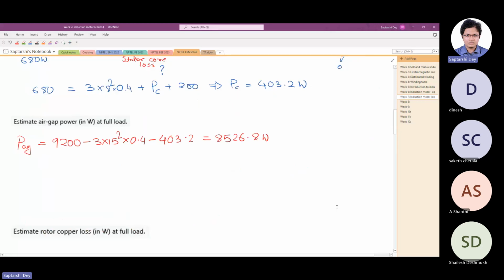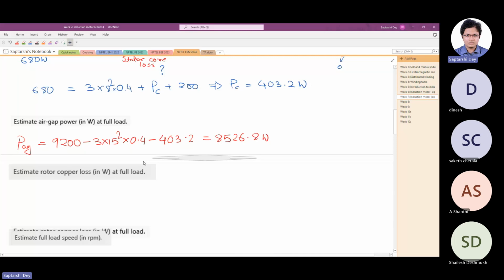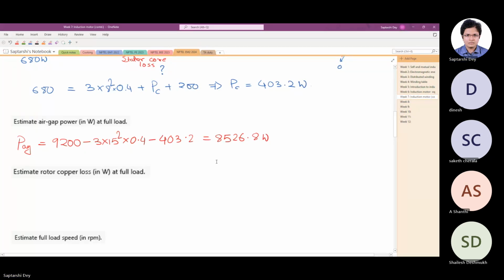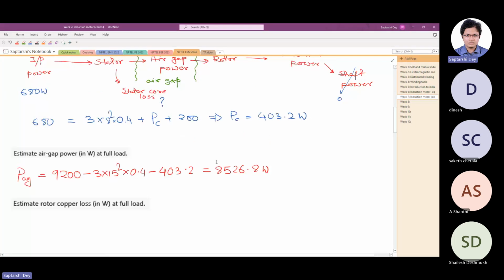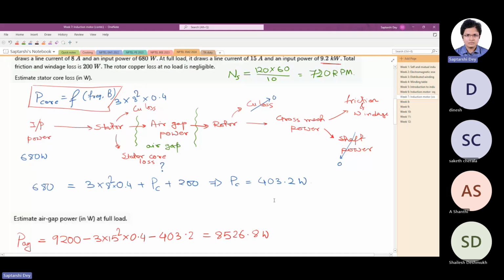Okay, the next question then: rotor copper loss at full load. Let us see what do we have.